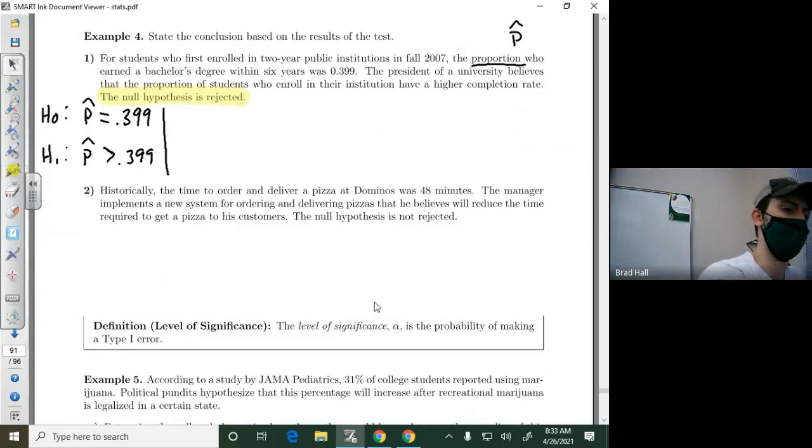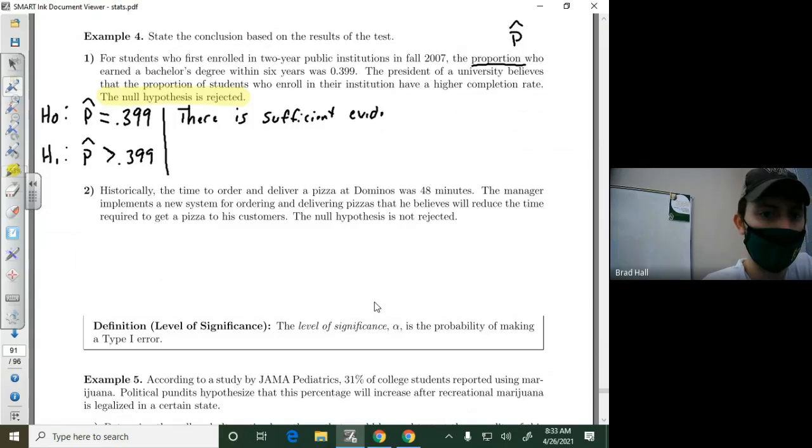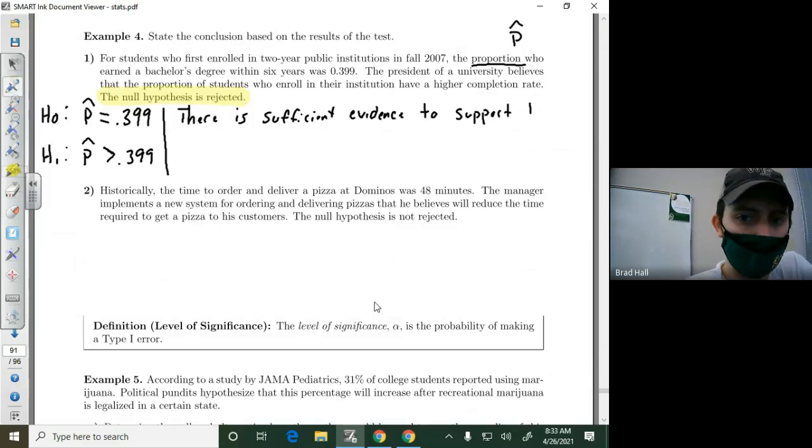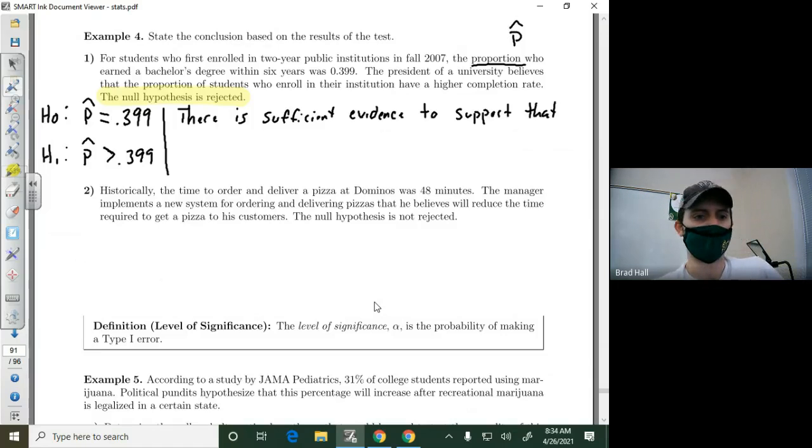Now, I think the wording that your homework uses, there is sufficient evidence to support that. So we rejected that the proportion is 0.399. So if you reject the null hypothesis, that means you can assume validity in the alternative hypothesis.